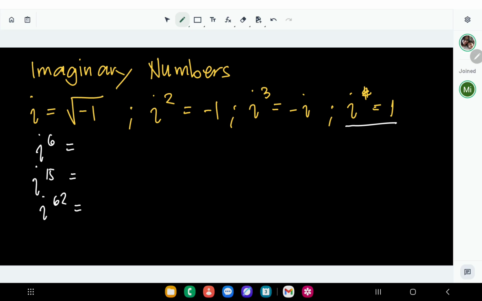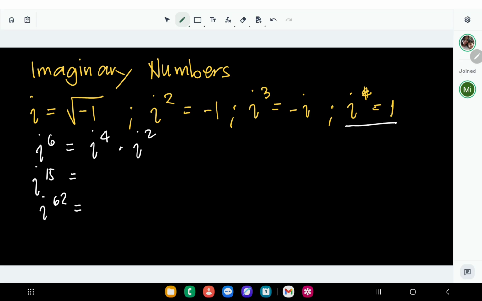Try to solve this. So you can break down i to the 6 as i to the 4th times i squared.